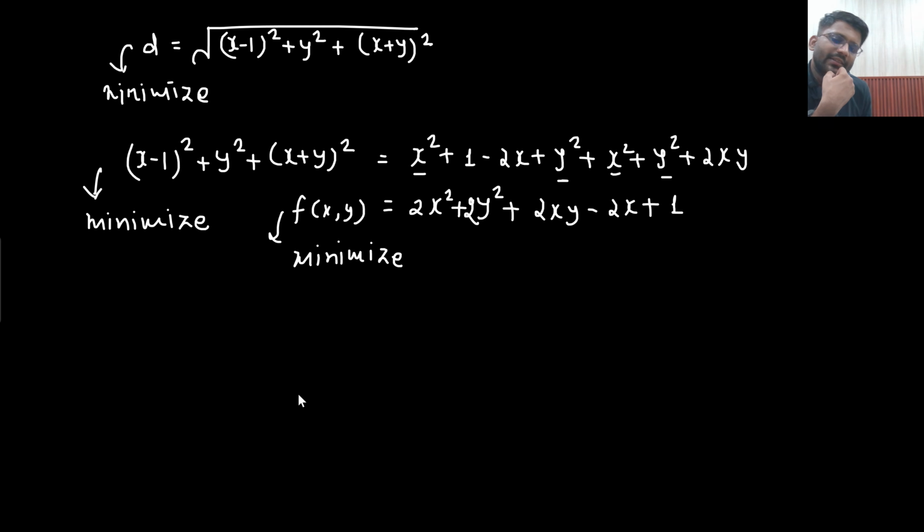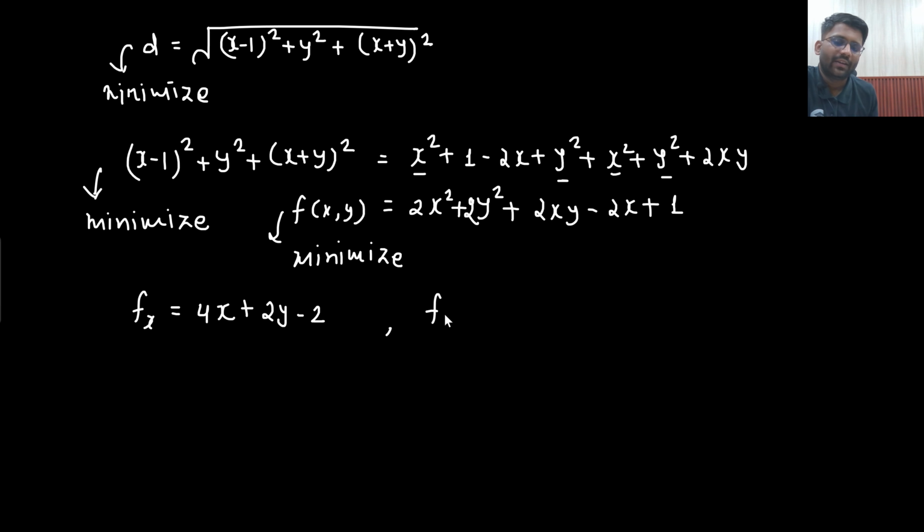So let's see at what value I will be minimizing it. So fx, I will find out what that would be. It is 4x plus 2y minus 2. Differentiating with respect to x, 2y will be constant, and then differentiation of minus 2x with respect to x will be minus 2.